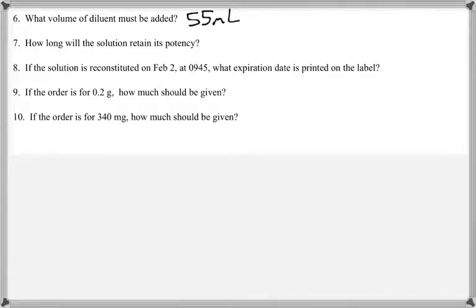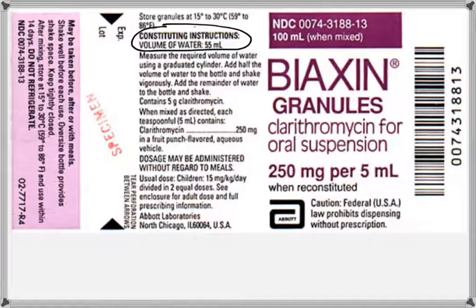Next, they want to know how long will the solution retain its potency. And that is actually off to the side here. So it says, after mixing, store at 15 to 30 degrees Celsius and use within 14 days.